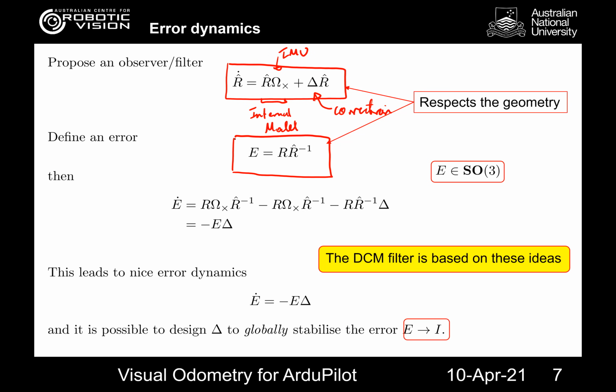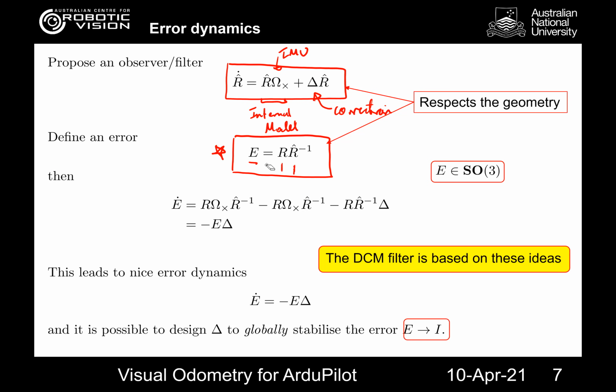of looking at a specific error. This is really nice when you look at the matrix structure. This error E is a 3x3 matrix. You don't measure it directly, but you can analyze the problem in this way. You think about having the true attitude here, which is a 3x3 matrix, and your estimated attitude here.